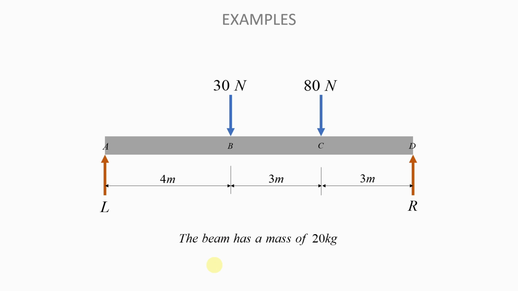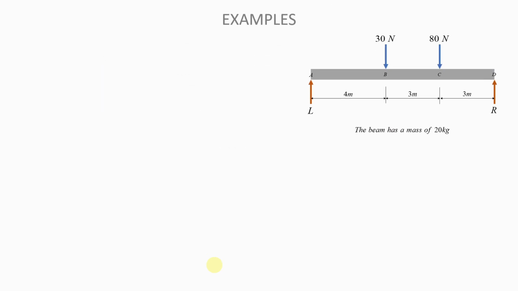Now, how do you go about drawing the shear force diagram and the bending moment diagram when you are given a beam that actually has a mass? The first thing that you need to do is to convert that mass into a UDL. And the way we do that is to begin by calculating the weight of the beam.